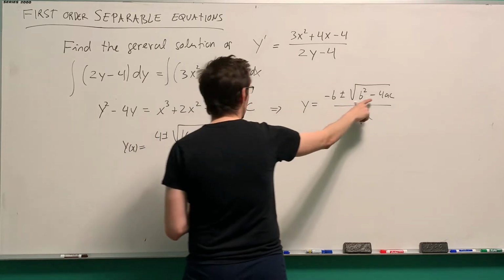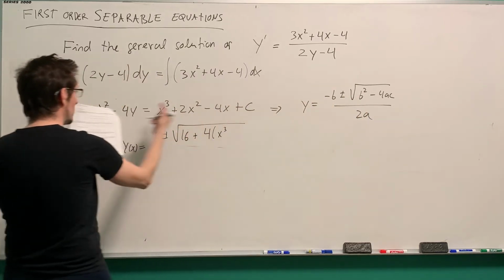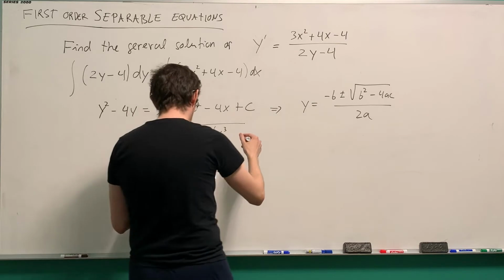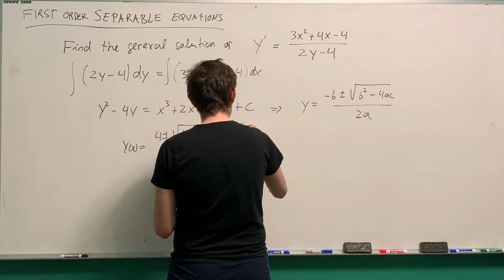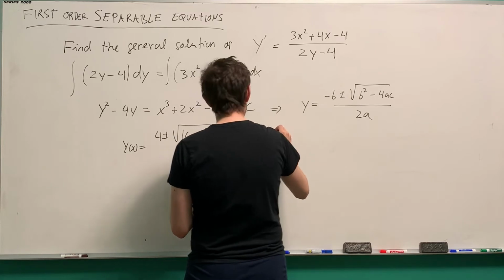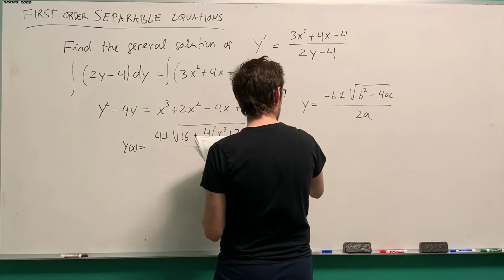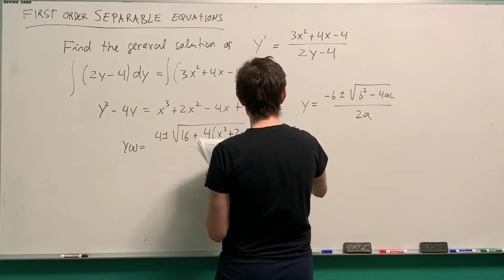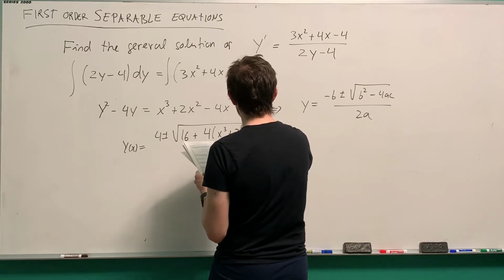I write a plus that cancels the minus that goes by putting this on the left hand side, plus 2x squared minus 4x, plus c or minus c, it doesn't matter, it's a constant.